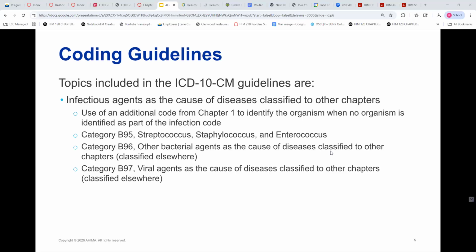Some examples of this are strep, staph, and enterococcus. They can cause diseases that are classified elsewhere, but you would pick these up as well. So that's why earlier we said, ask yourself if the site code already names the organism.